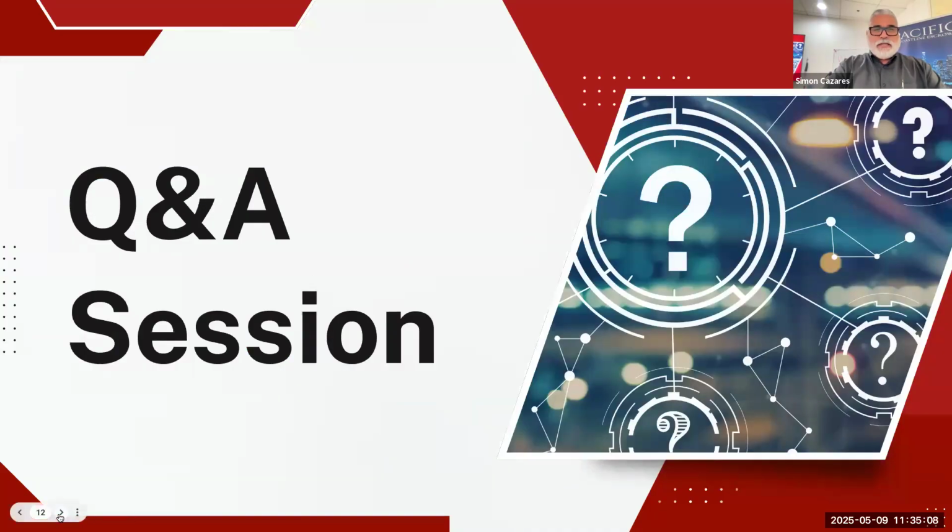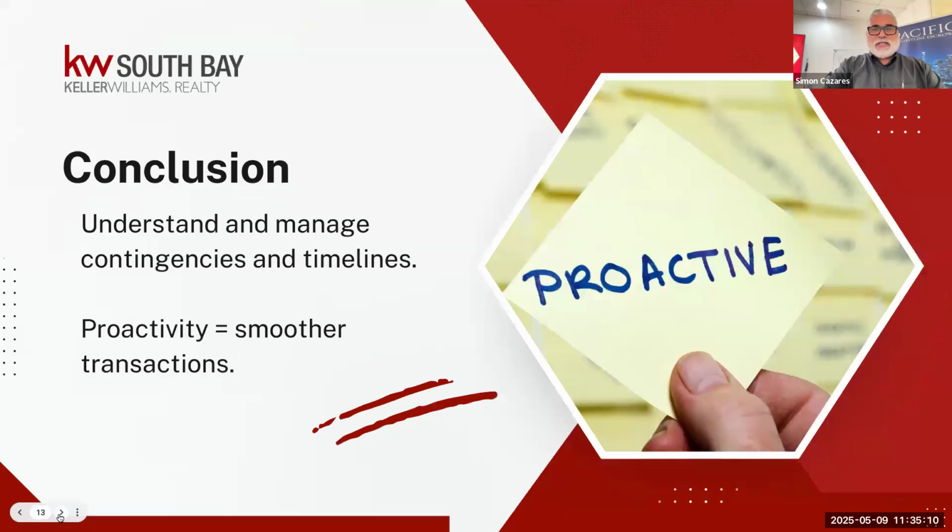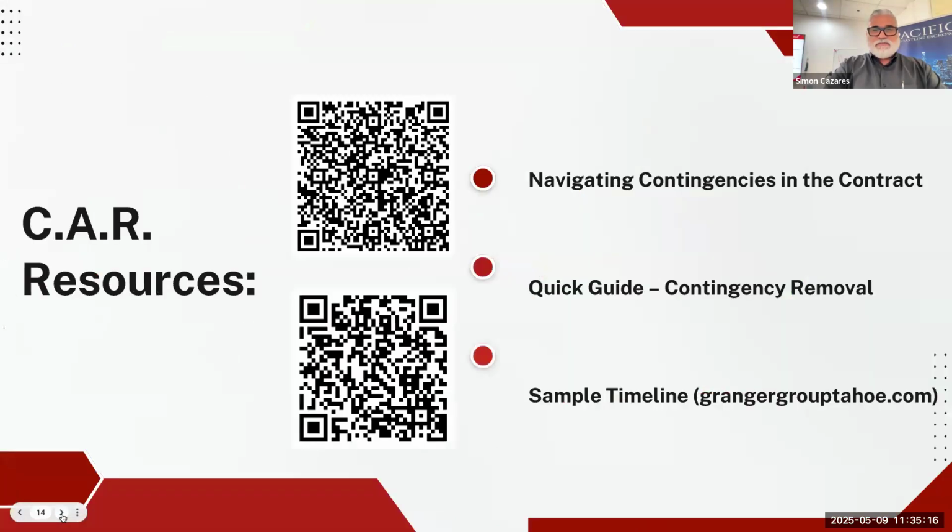Okay, so a Q&A, let's skip on this. Conclusion: understand and manage contingencies and timelines. Proactive, smooth transaction. I think we kind of pointed that out. I want you to get your phones and take a photo of this so you can have it.